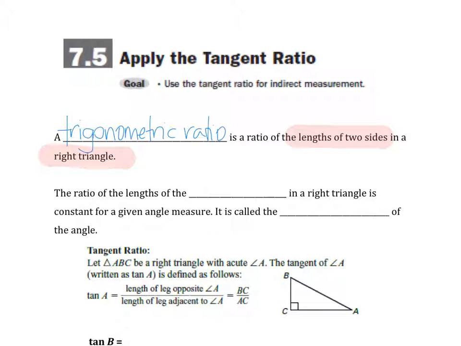The ratio of the lengths of the legs in a right triangle is a constant for a given angle measurement. It is called the tangent.